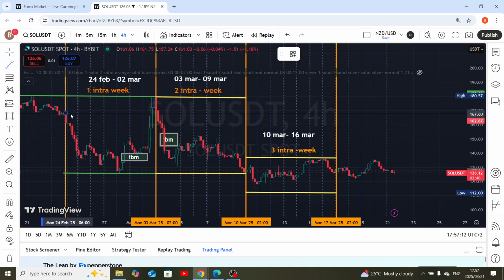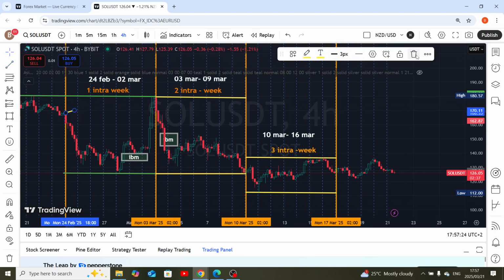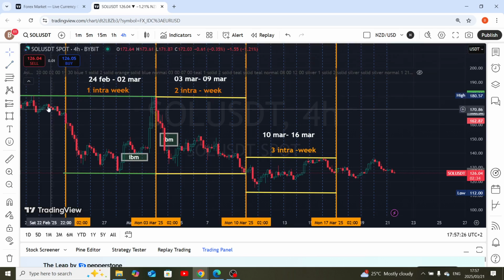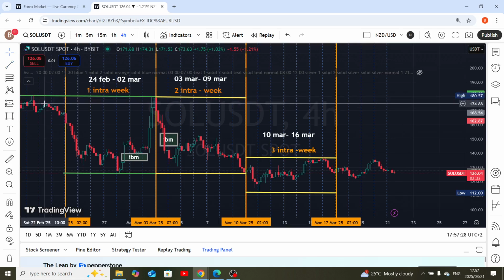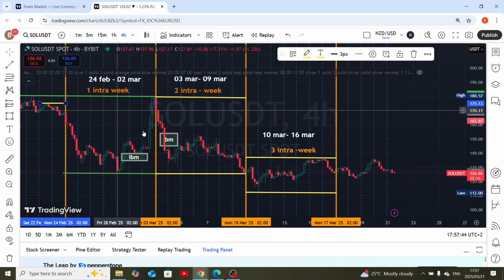Literally on Monday there was no order, honestly, because the market was bearish. The market sold from the 22nd of Feb. That's when institutions placed their sell order. So what I can do is mark that sell order like this and then lock it.